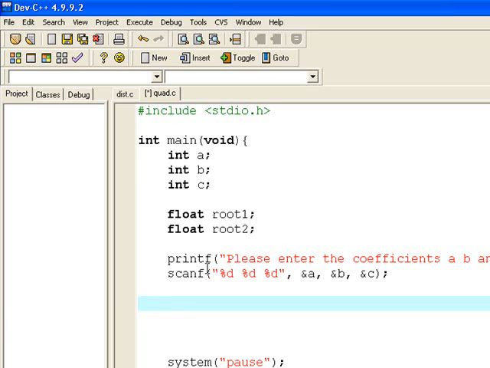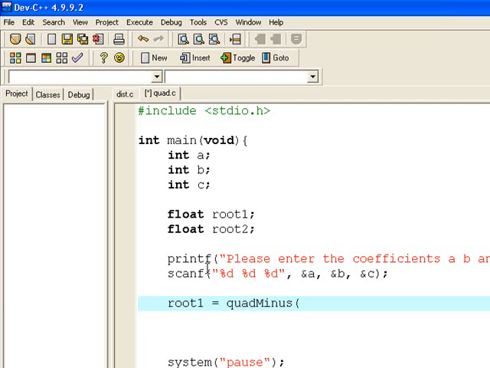Now we're then going to send them to two functions. I haven't written the functions yet, but that's fine. We'll write them in a moment. So root 1 is going to be assigned the value that's returned from the first function, and we'll call it quad minus. So it's going to do the minus b minus the square root of b squared.